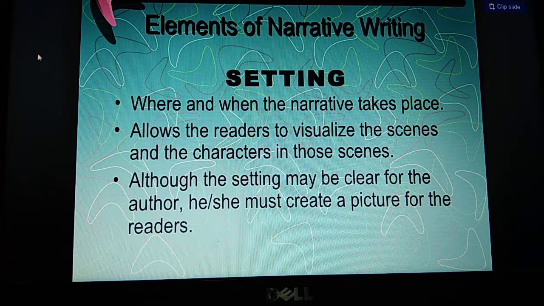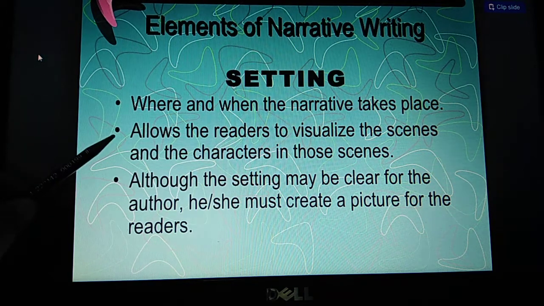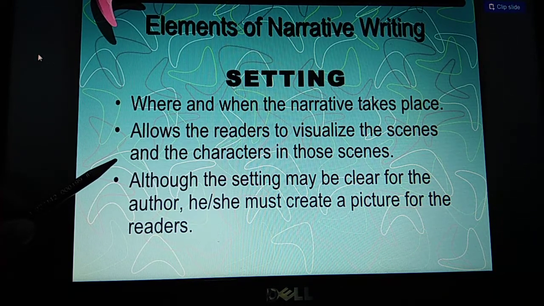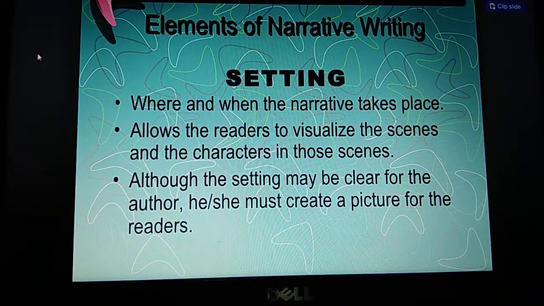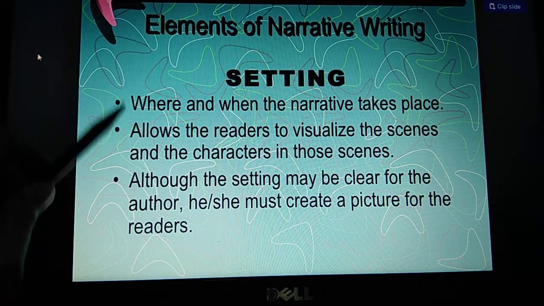Next comes the setting. Setting is where and when the narrative or the story takes place. I wonder if you remember, in your grade 6, you were given a short story where a girl had lost her father.